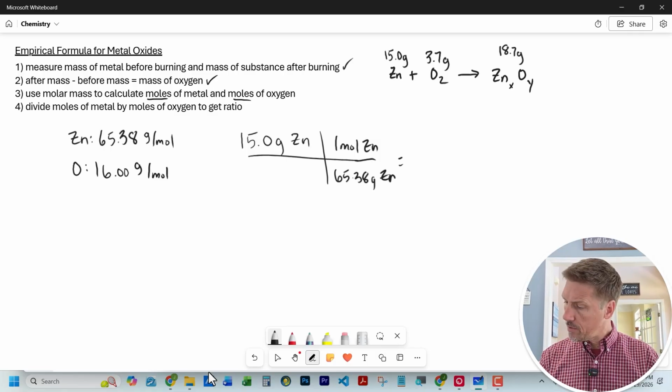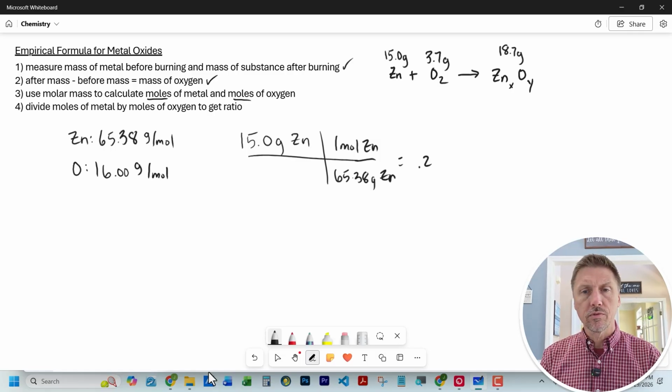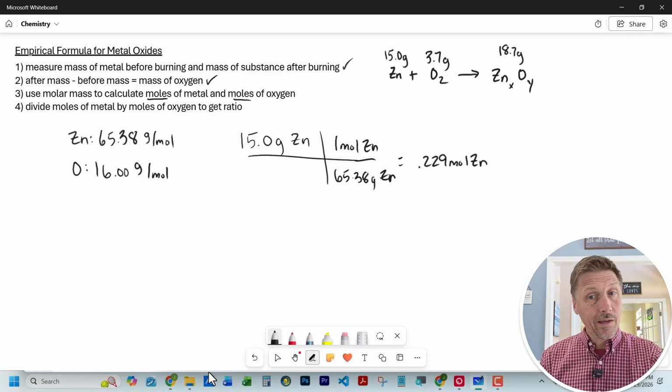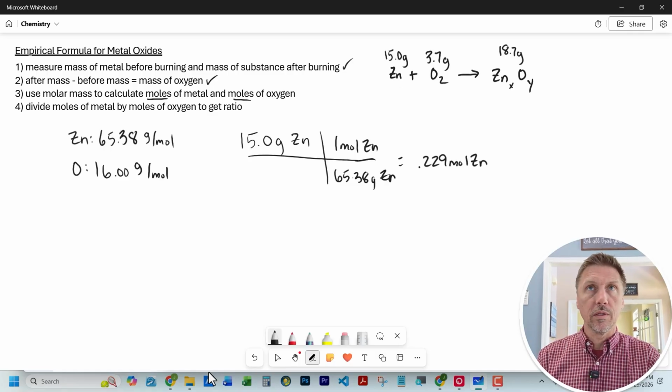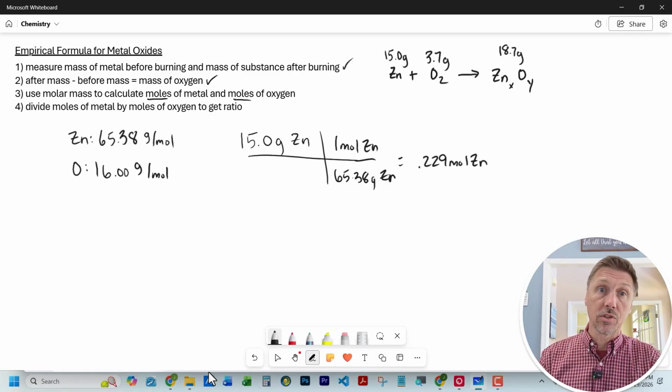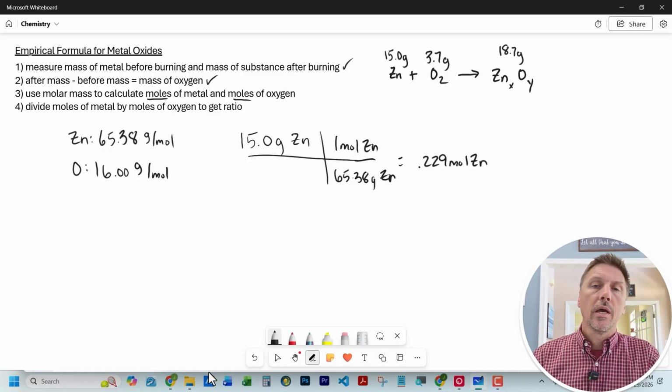And doing the math for that, we get 0.229 moles of zinc. All right. That's how many moles of zinc we have right here. Why? Well, because that was the moles of zinc we had over here. The number of zinc atoms doesn't change, right?